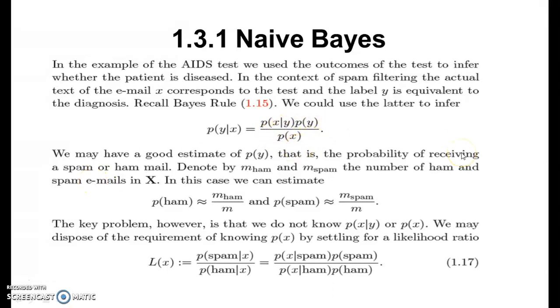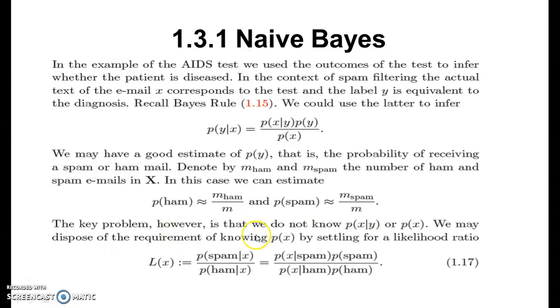So we may have a good estimate of P of y, that is the probability of receiving a spam or a ham mail, denoted by m ham and m spam, the number of ham and spam emails in X. And in this case, we can estimate that P of ham is approximately equal to m ham by m, and P of spam is approximately equal to m spam by m.